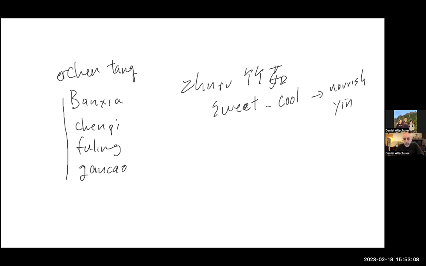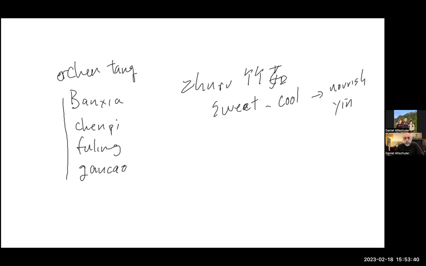But with Wen Dan Tang, you can add huangnian or you could add huangqin to it, and that, in my experience, works even better. Huangnian with a very, very small dose, 1 gram, 2 grams, 3 grams, whatever you consider a small dose, but really not more than 3 to 6 grams of huangnian. And if there's stomach heat especially, that makes quite a difference.